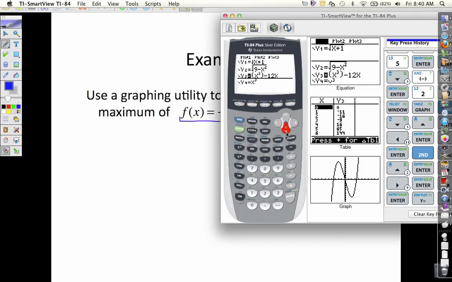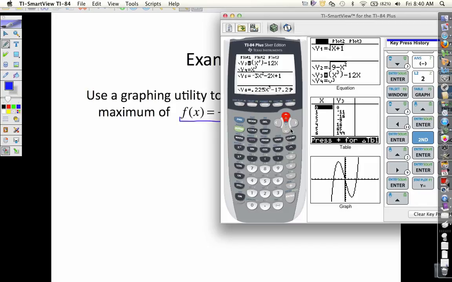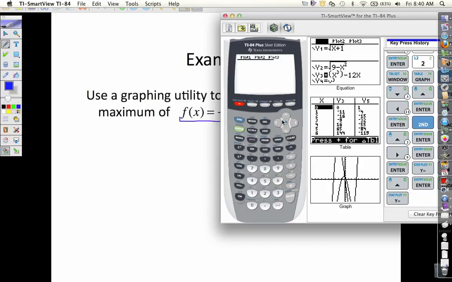I have both of these last two entered in my calculator. I'm just going to go to Zoom 6 to start out with. Remember, Zoom 6 takes us back to our original. Let's go back to y equals.